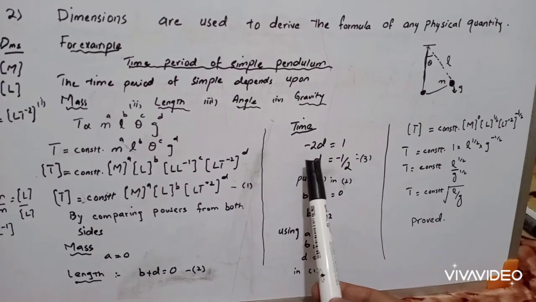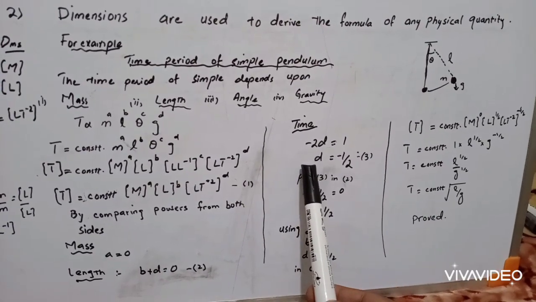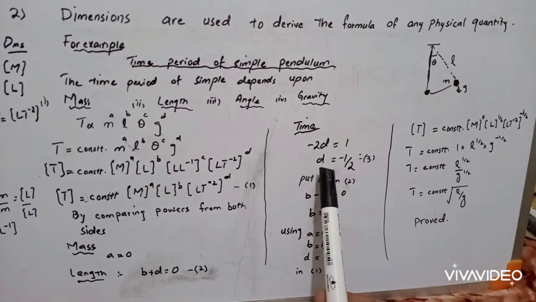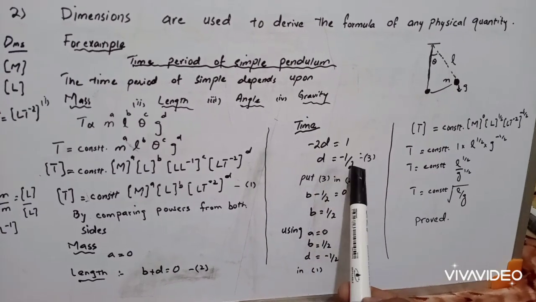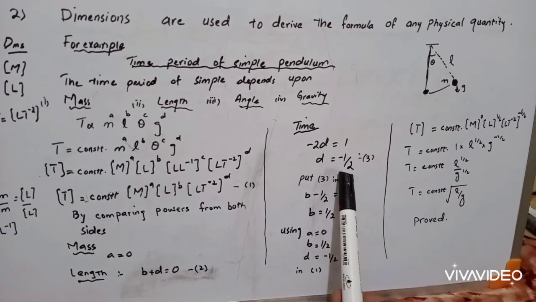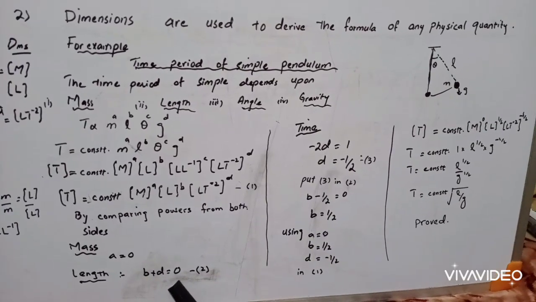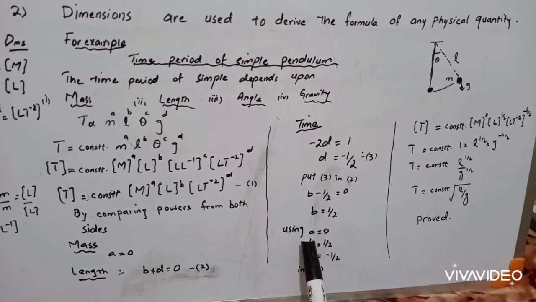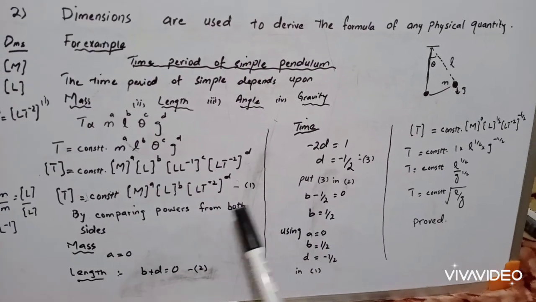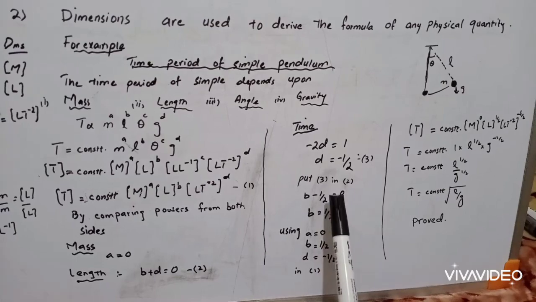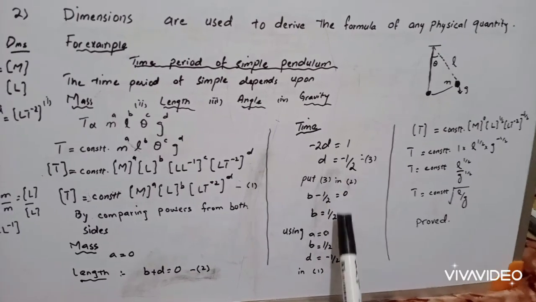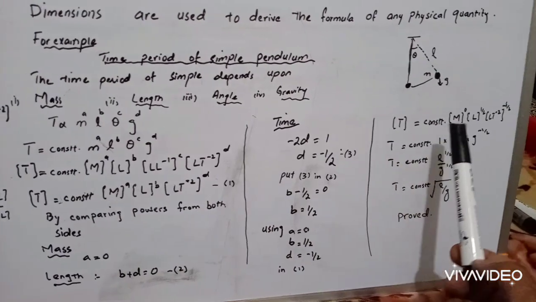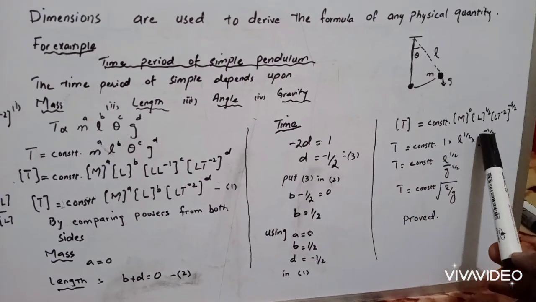You can see that d remains here, and by simplifying it you can get the value of power d. d is equal to -1 by 2. By simply putting this value in this equation you can find the value of b. Using these values, a is equal to 0, b is equal to 1 by 2 and d is equal to -1 by 2 in equation 1, and you can get the results.